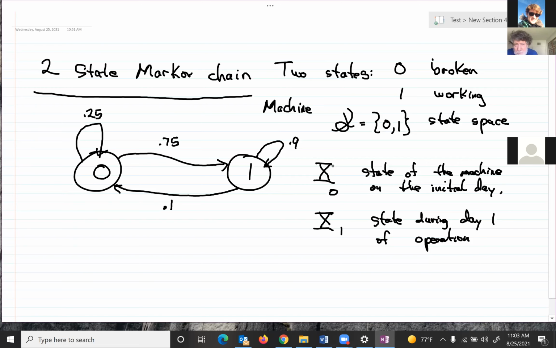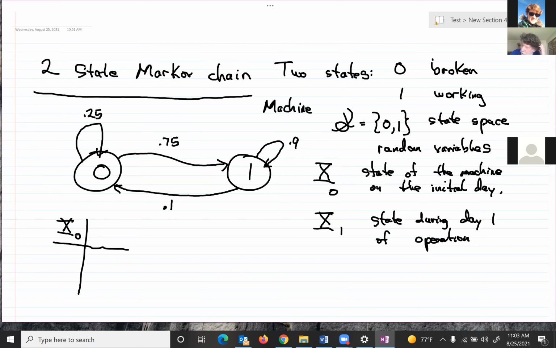These are random variables. Let me talk about, well, both of them. So as a random variable, initially at time 0, so again, think of the subscript as the time.